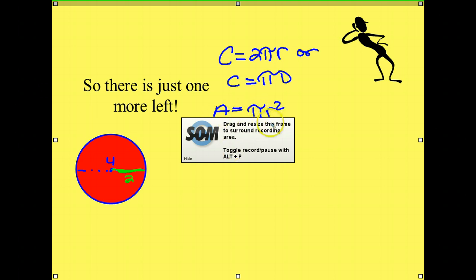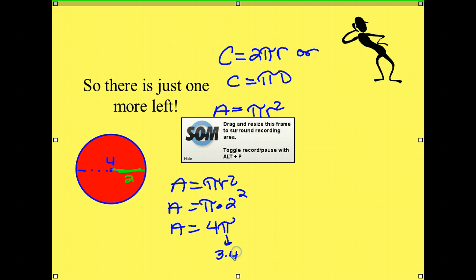And here we need to be very careful that we are using the radius. So A equals pi times the radius, in this case 2 to the second power, which is 2 times 2, and we will get 4 pi, or 4 times 3.14. Now, most of the time we use 3.14 for pi, or 22/7.